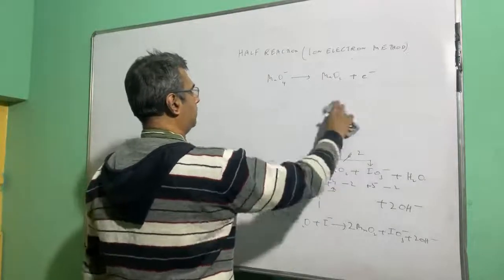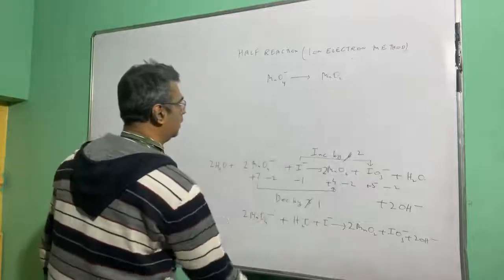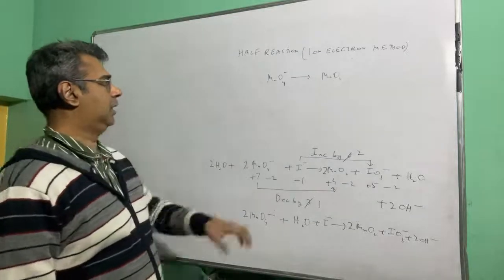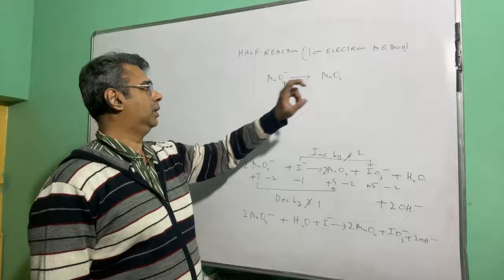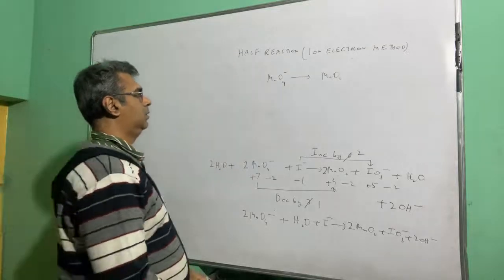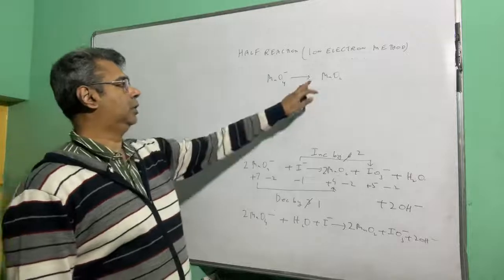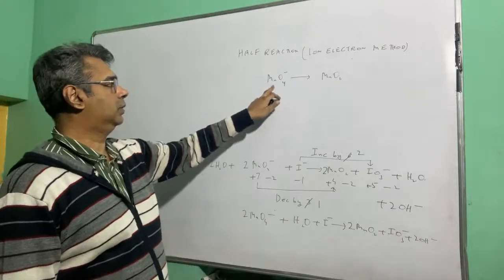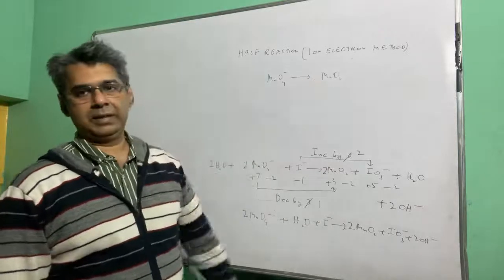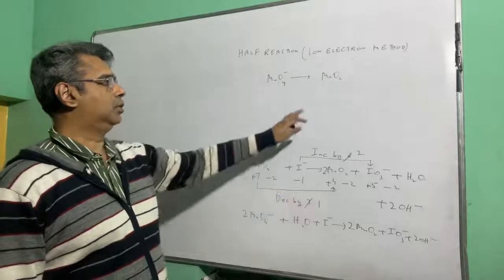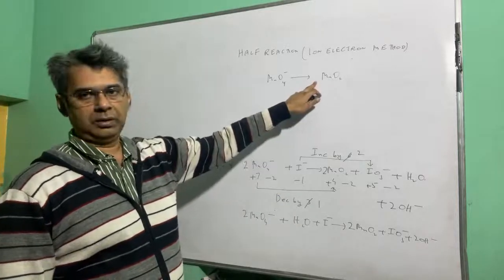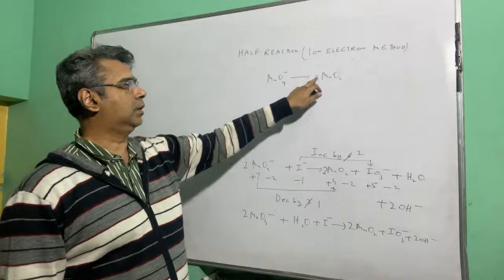Okay, all of you, in the first reaction MnO4 minus to MnO2, I had told you that we'll have to put a 2 here, but if we put a 2 here, then manganese is not balancing. So putting a 2 here is wrong. In the first reaction you cannot put a 2 here.